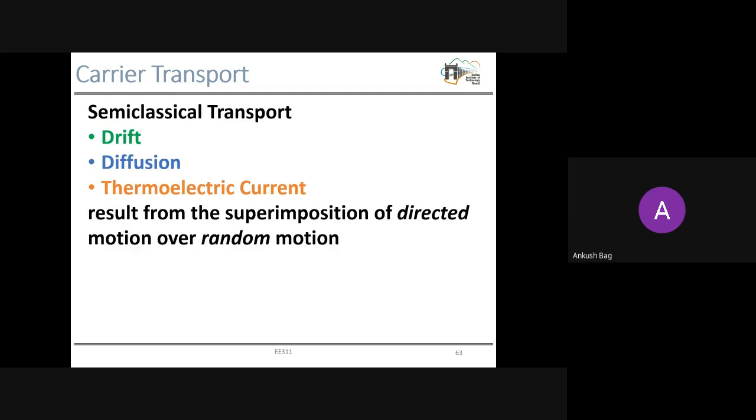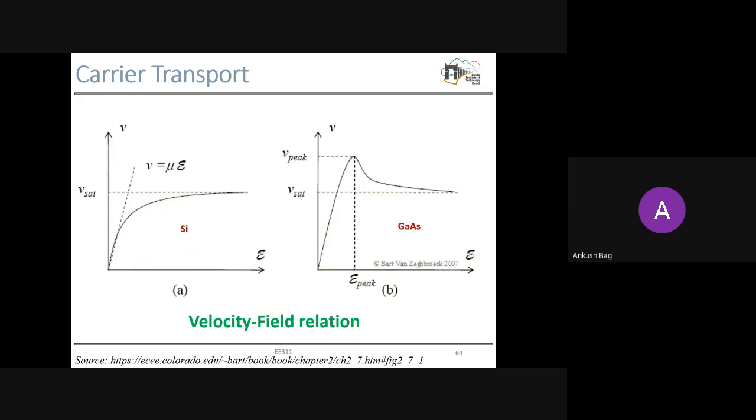So before we get started, let us see a few behaviors of carrier transport in semiconductors. So this is electric field versus your saturation velocity or velocity of carrier.